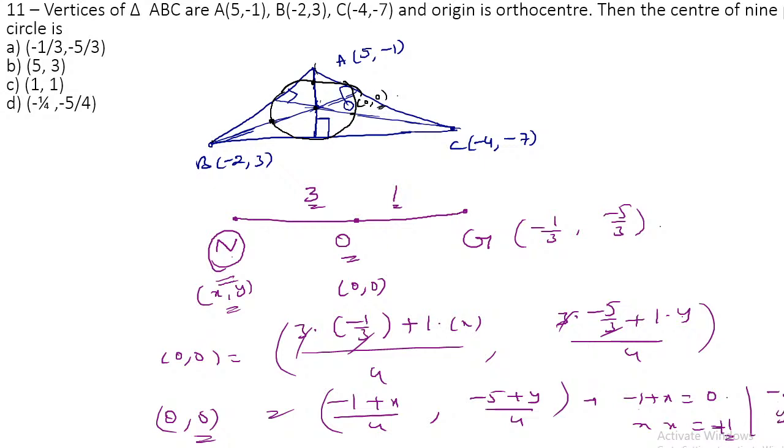So the coordinates are x equals 1 and y equals 5. I think the given options are wrong. So (1, 5) is the center of this 9-point circle.